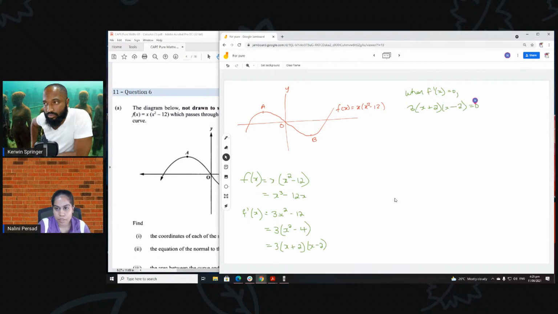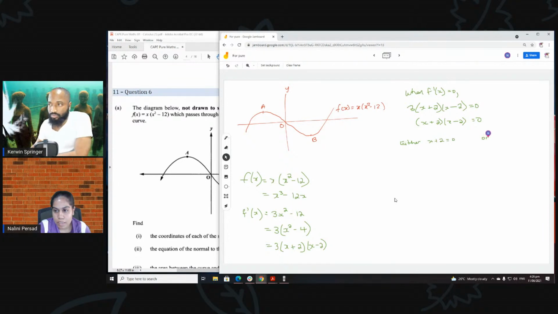Right, if you divide by 3, the 3 cancels out, so you have x plus 2 times x minus 2 equals 0. So either x plus 2 equals 0 or x minus 2 equals 0. And you would get x is equal to minus 2 and x is equal to 2.